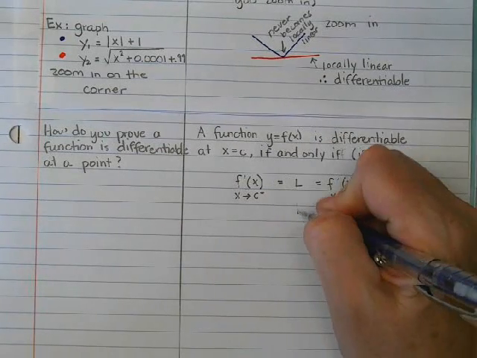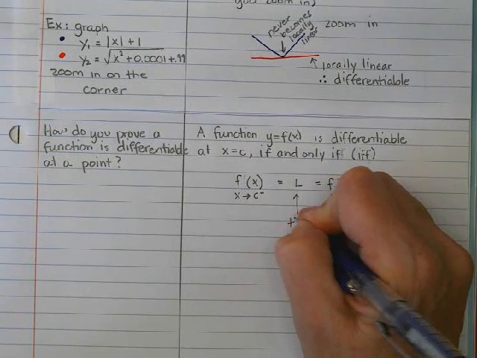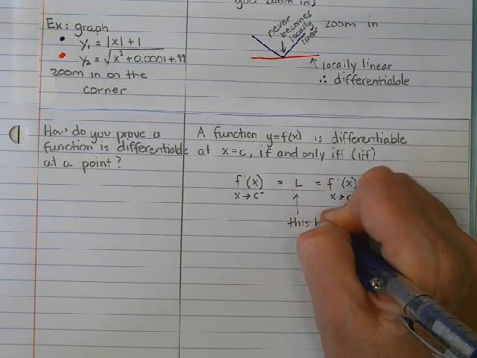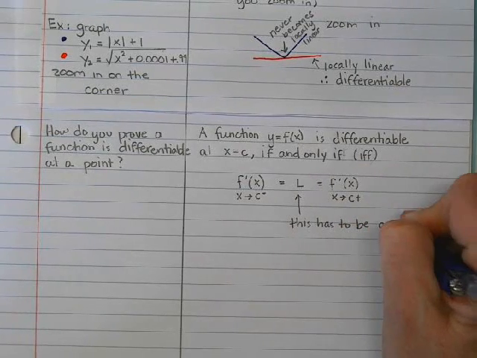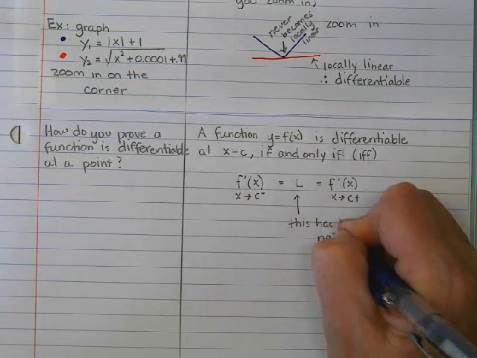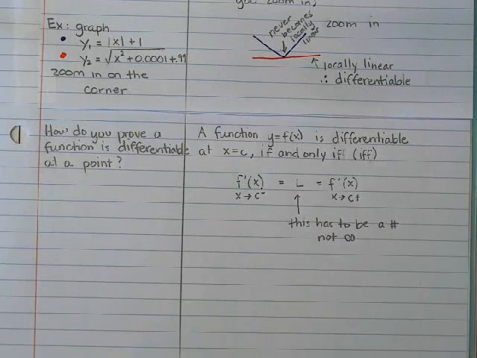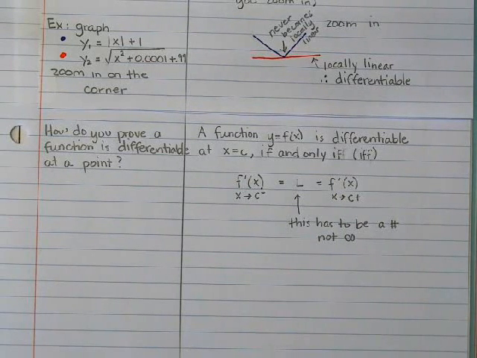This has to be a number. It can't be infinity. If they both approach infinity, even though maybe they're both approaching positive infinity from the left and the right, it's not going to work. It has to approach a number from both the left and the right.